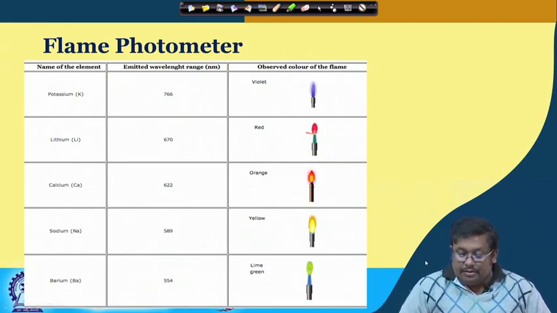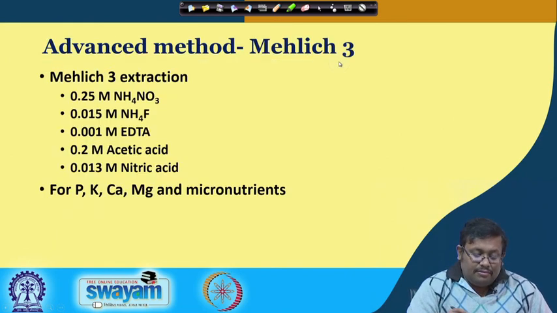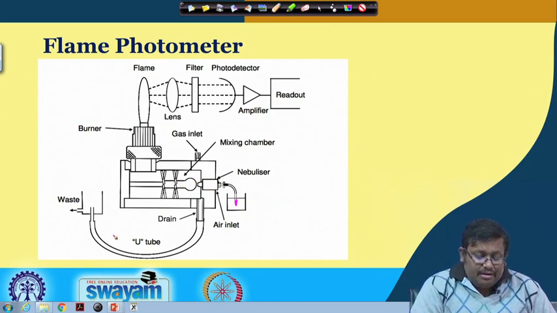If you see the schematic of the inside view of a flame photometer, there is a nebulizer or aspirator which will aspirate the sample, and there is a mixing chamber where it will create an aerosol and mix, and further this will go to the burner. There is a gas inlet, so there will be a flame.